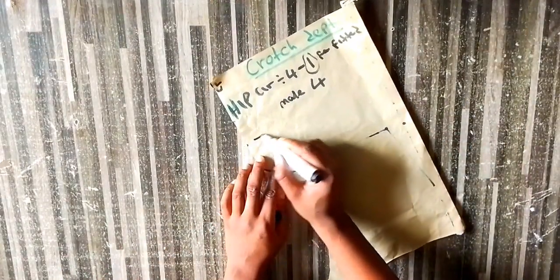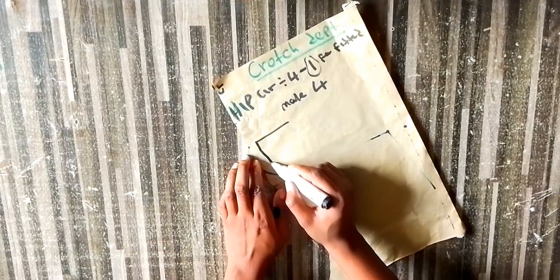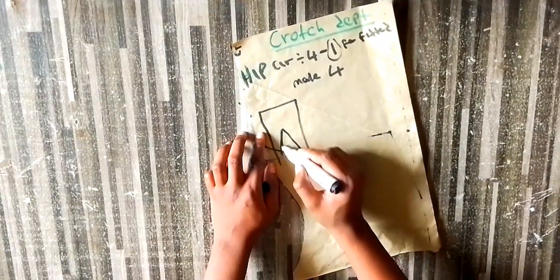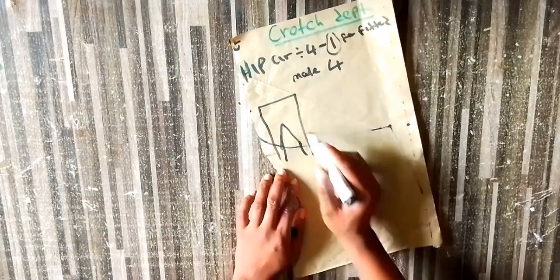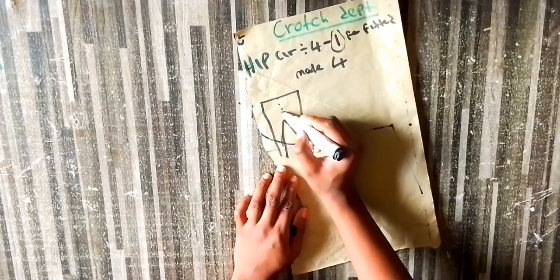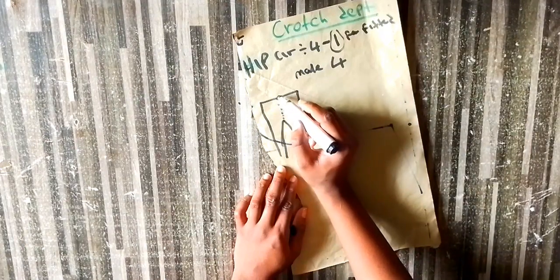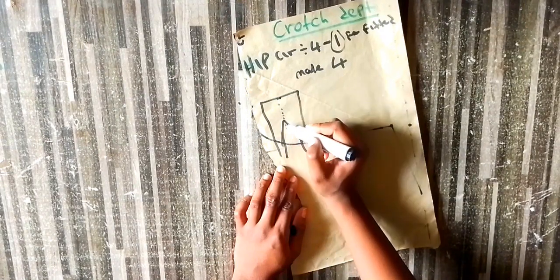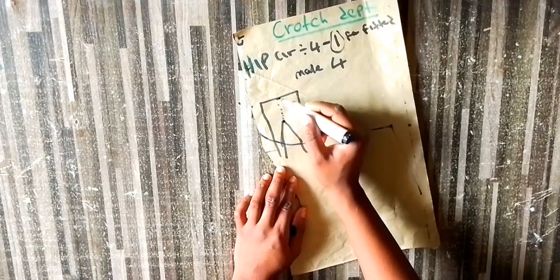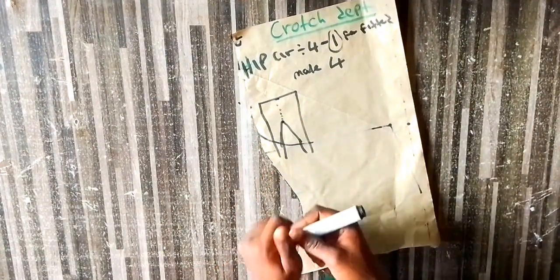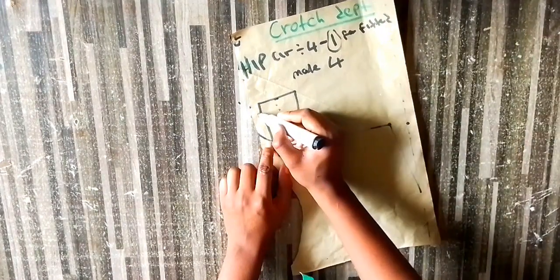So now let's say this is our pants or trouser. The crotch is the distance from the hip to this place, like this. That is your crotch, the distance from your hip to that point.